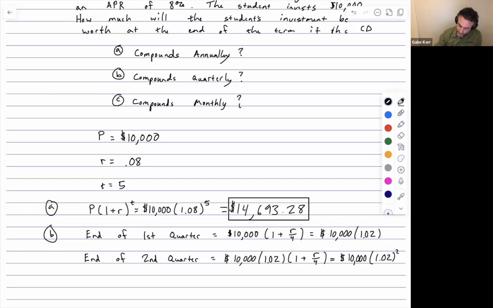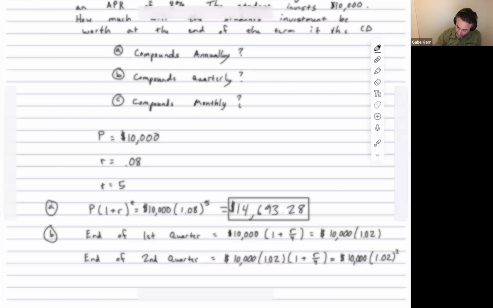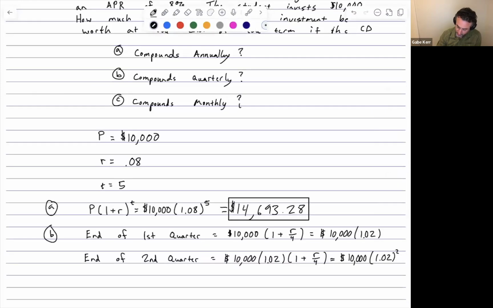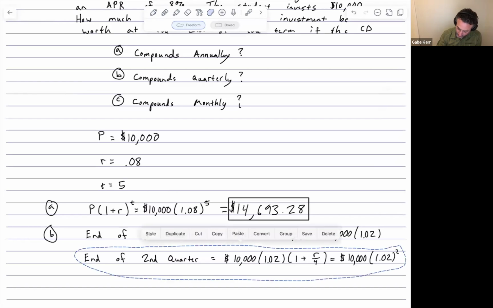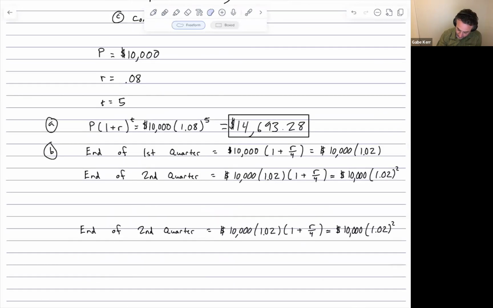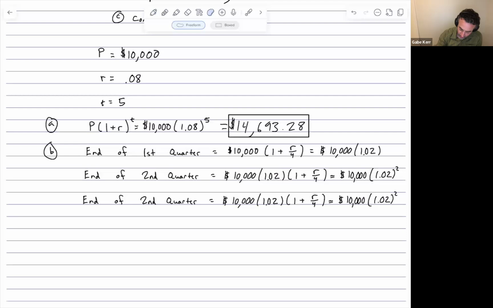You might be able to see where it's going, but in case you're not picking this up yet, you'll get it in the next one. So let's do one more. Here I'm just going to copy the whole thing, and we'll make some edits. Now we're at the end of the third quarter.